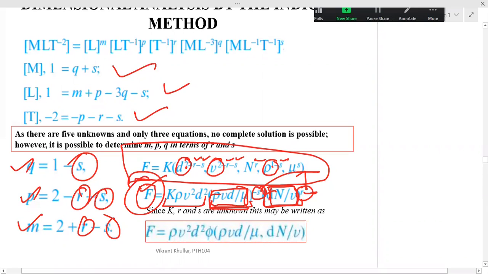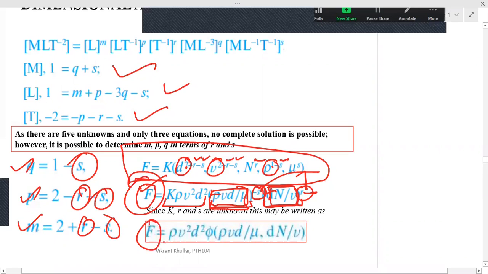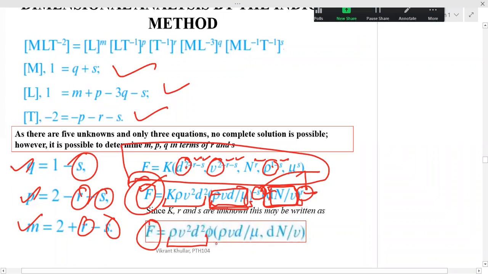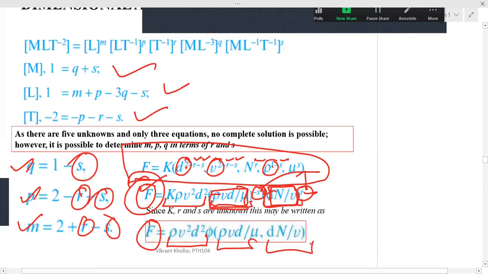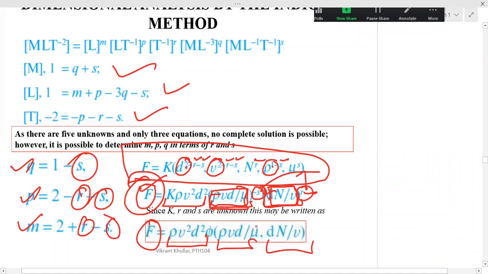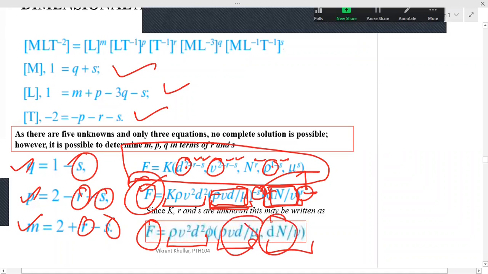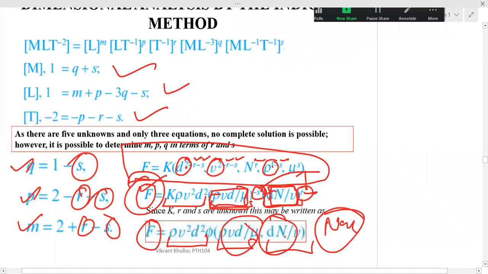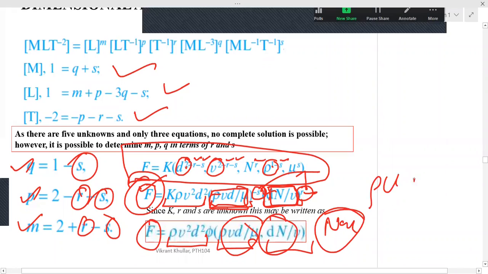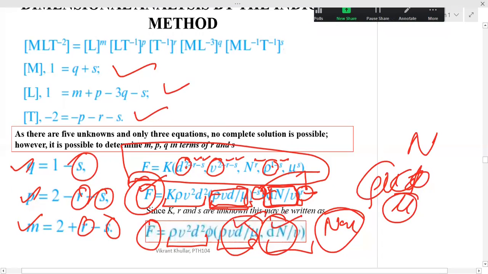So you have written down force as this constant times the function of these two. These are the non-dimensional numbers that are relevant in this problem. So instead of looking at rho, v, d, mu independently or n independently, you will look at only these two non-dimensional numbers when you are carrying out similarity analysis.